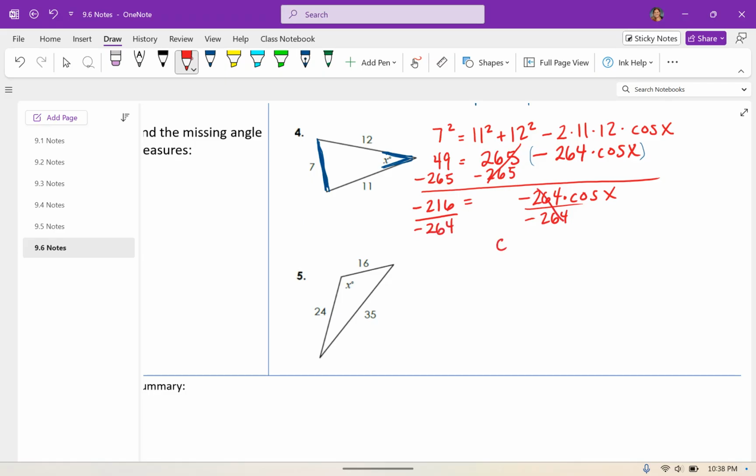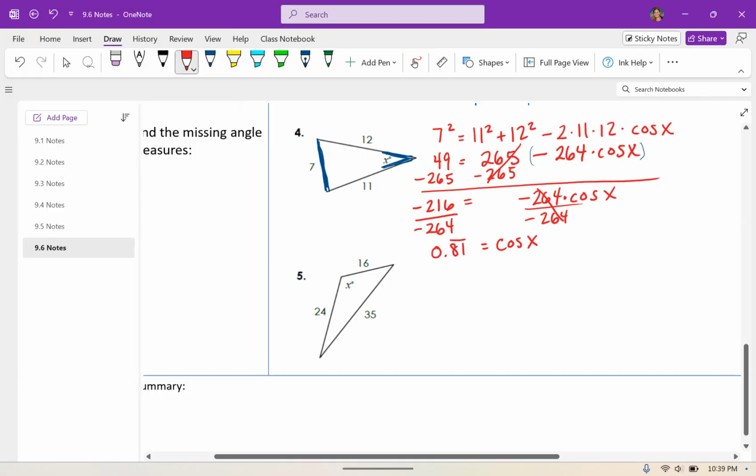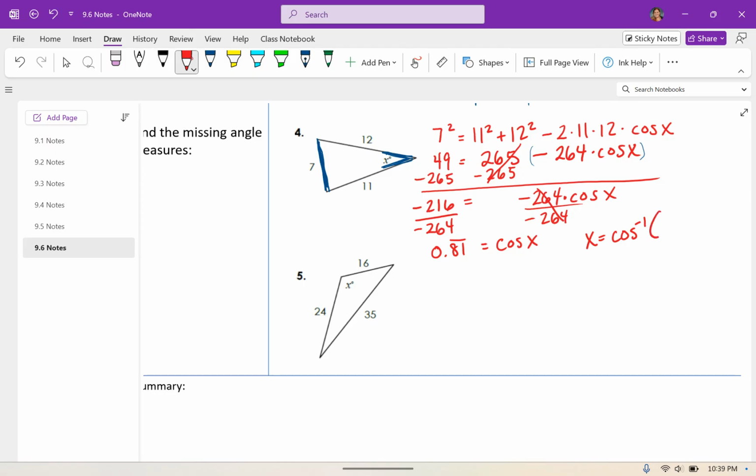Okay, so I'm left with cosine of x equals negative 216 divided by 264, and it's negative. Is this 0.81 repeating? Okay, so how do we separate x from cosine? Do you remember? X equals inverse cosine of 0.81 repeating.